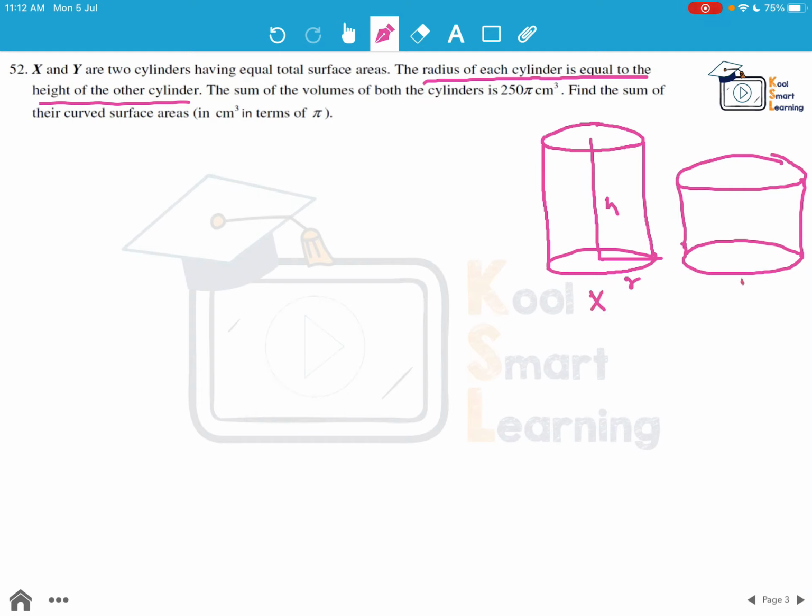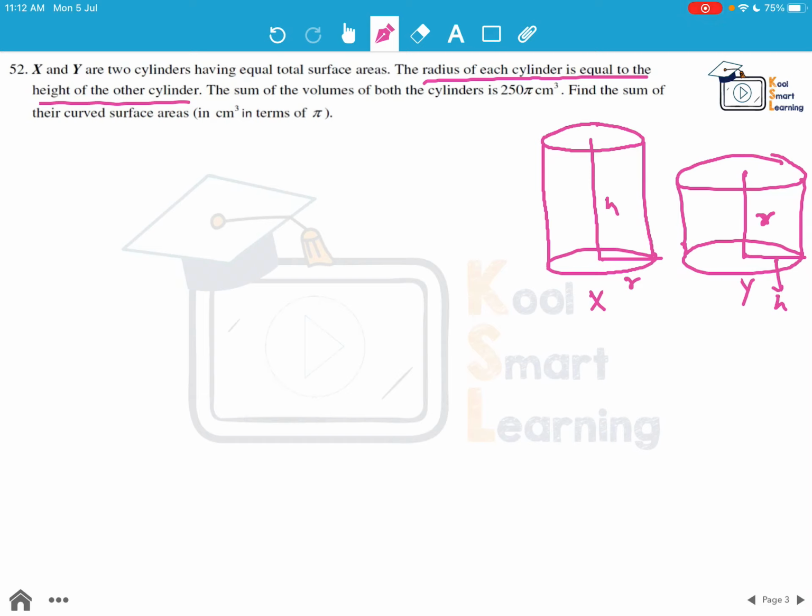Let's call this cylinder x and this is cylinder y. So now the radius of this cylinder is equal to the height of the other one. So its radius becomes h and its height becomes r. Right? So we are not going to take separate radius and height. Why? Because it is specifically mentioned here. So these are the two cylinders now.